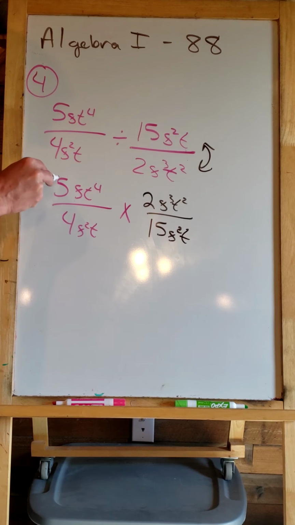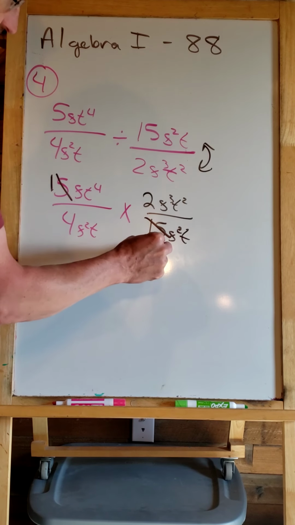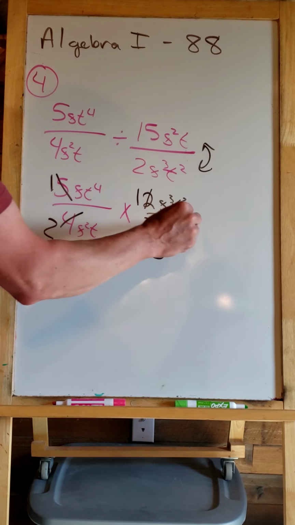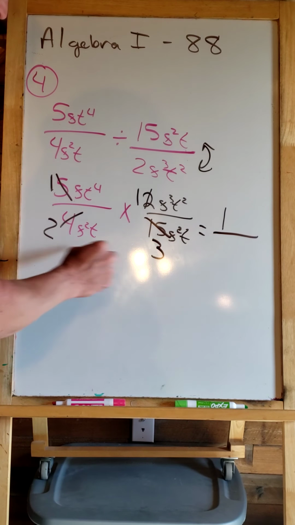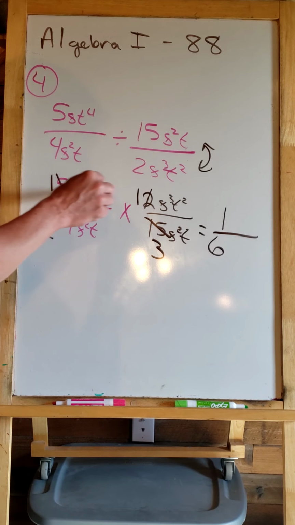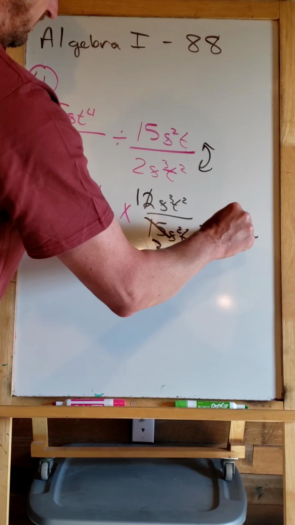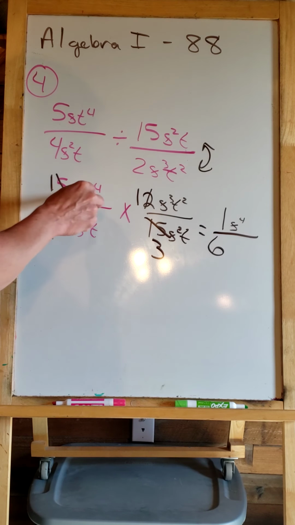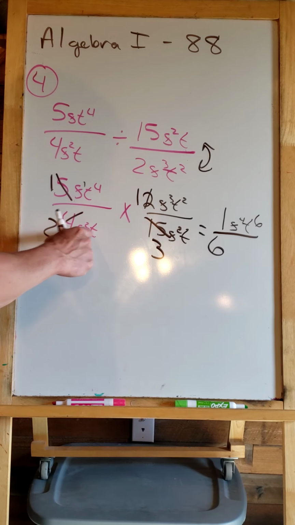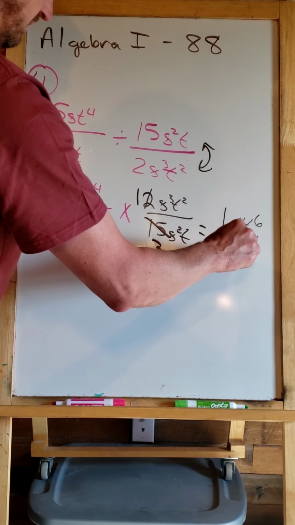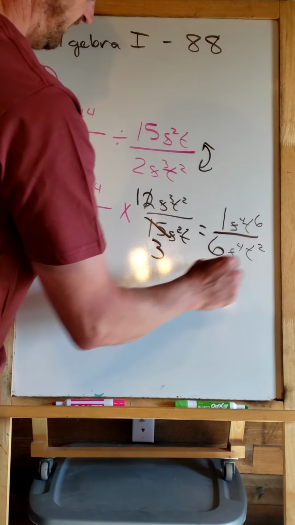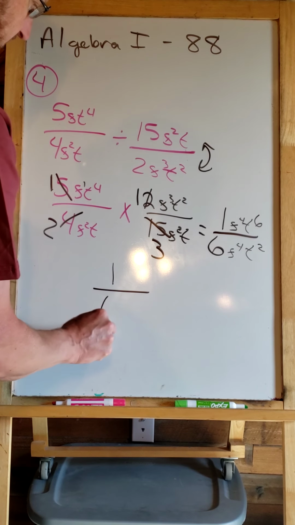Now we can cancel. 5 goes into 5 once, and 15 3 times, 2 once, 4 twice, so 1 times 1 is 1, 2 times 3 is 6. S to the first plus s cubed, the s to the fourth, t to the fourth, t squared, t to the sixth, 2 plus 2 gives me 4, and then 1 plus 1 gives me squared. So I have 1 over 6.